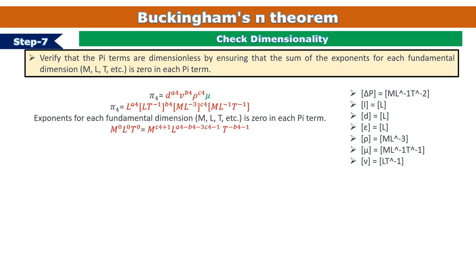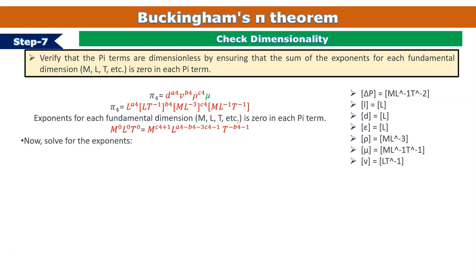So the left hand side is M to the power 0, L to the power 0, T to the power 0, and the right hand side is M to the power c4 plus 1, L to the power a4 plus b4 minus 3c4 minus 1, and T to the power minus b4 minus 1.